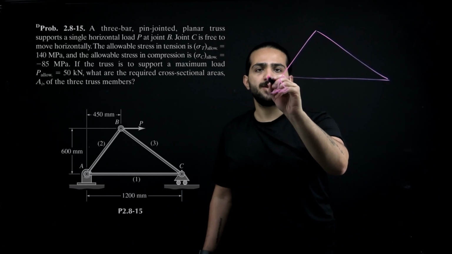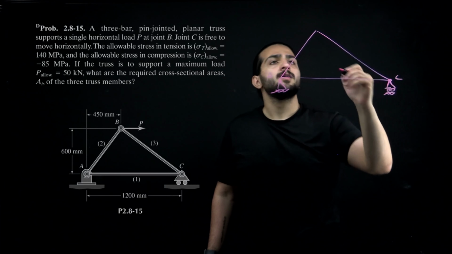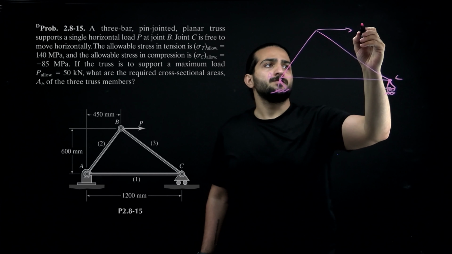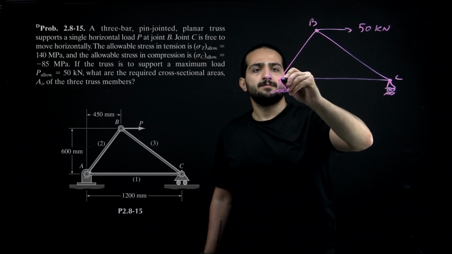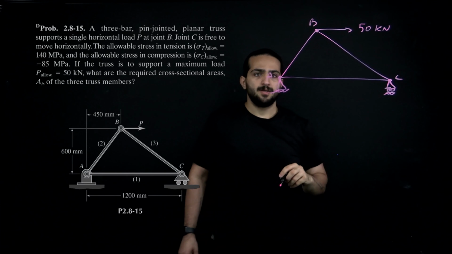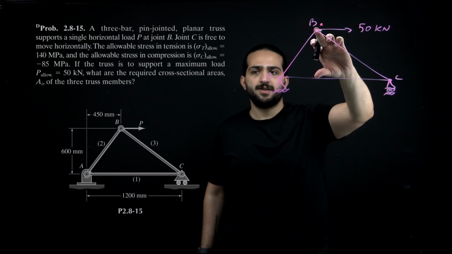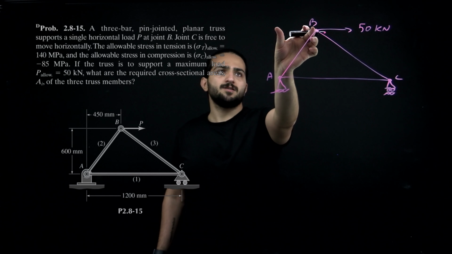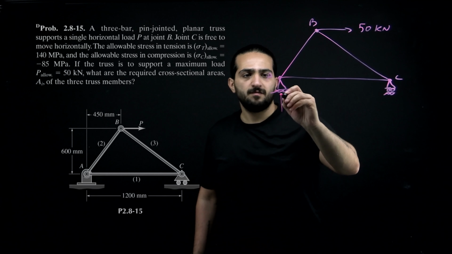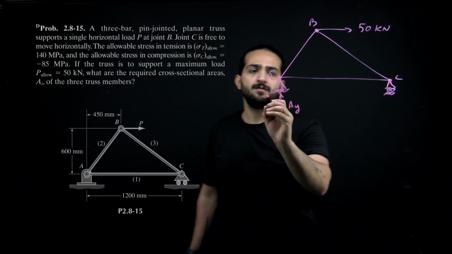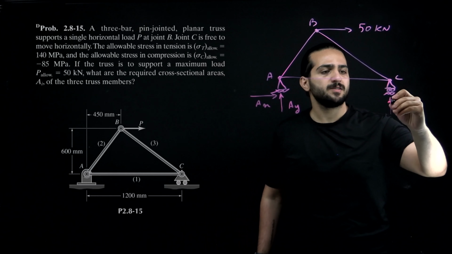Here's our pin support A, here's our roller support C, and this is our horizontal load, which is 50 kN at point B. This is 1200, this height is 600, and this is 450. So we have AY here, AX here, and we have CY here.